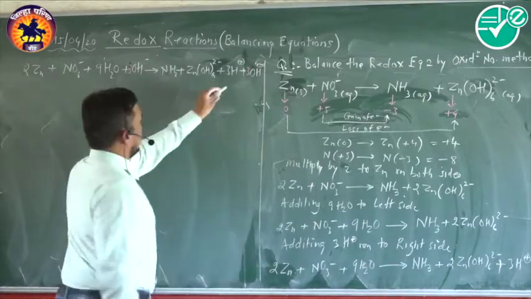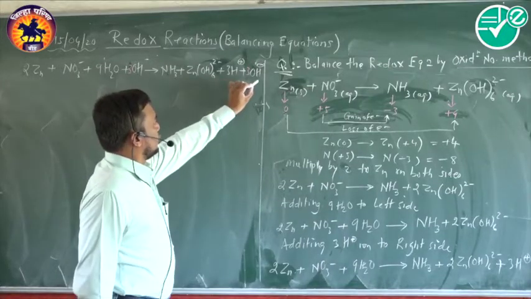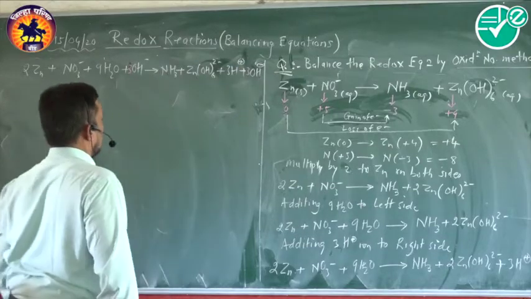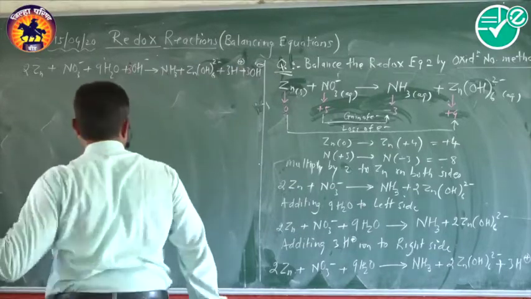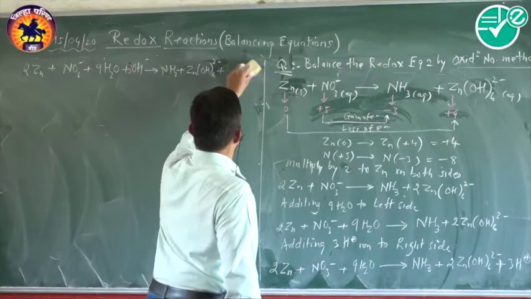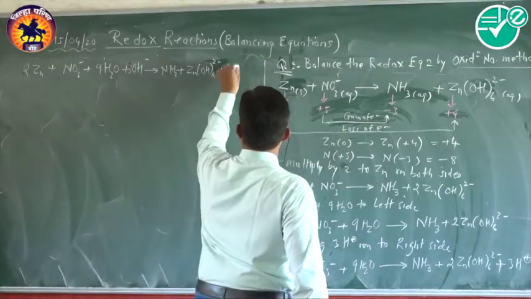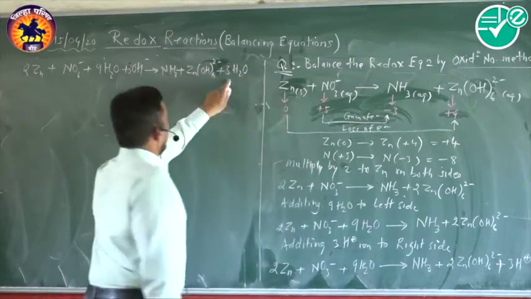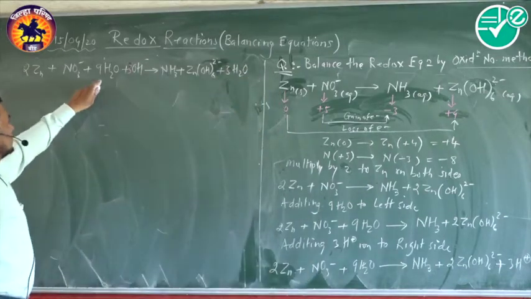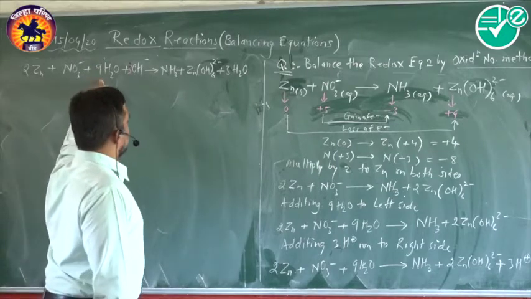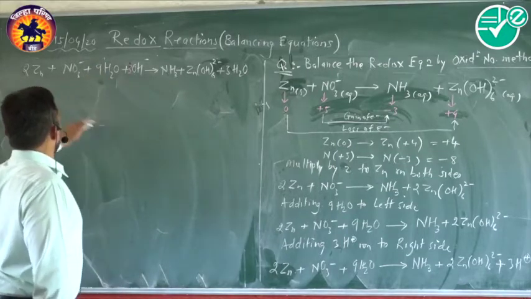Now look here, 3H plus and 3OH minus combine to form water molecules. So here we'll write 3H2O. So instead of writing separate ions, we'll write 3H2O. Now on the right hand side 3H2O, on the left hand side 9H2O. So 3H2O is cancelled. So there is 6H2O left.